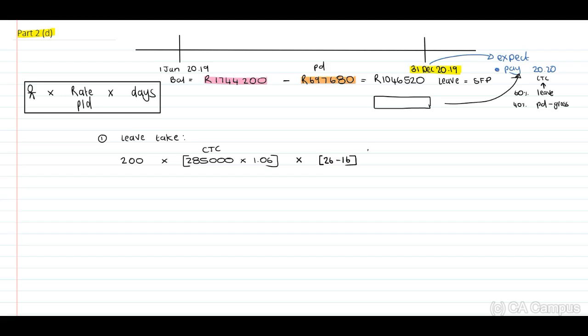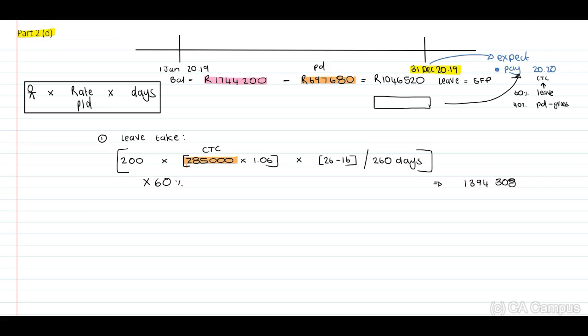And the total is the 260 days per year. Therefore, this times the expected 60%, which we expect to take leave. And this will be 1394308.